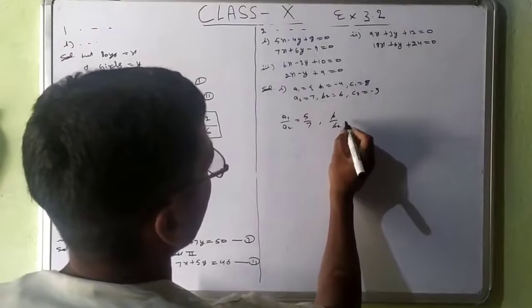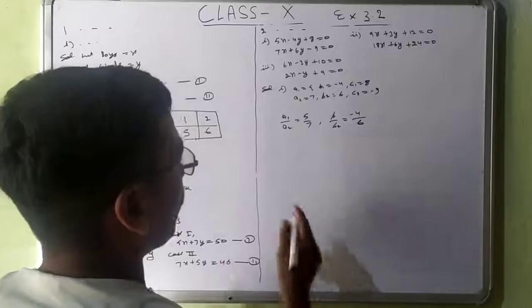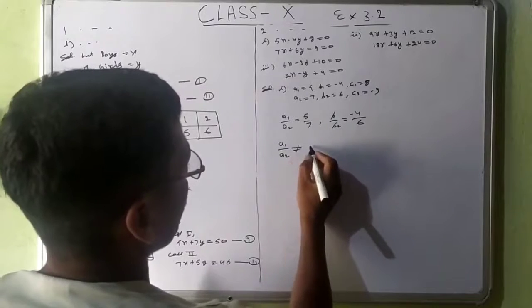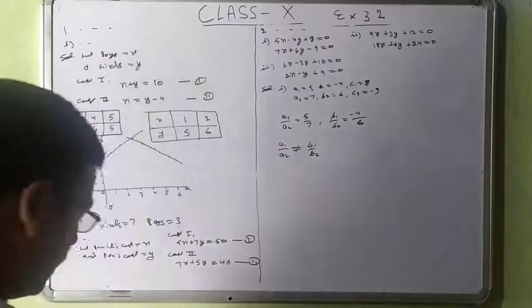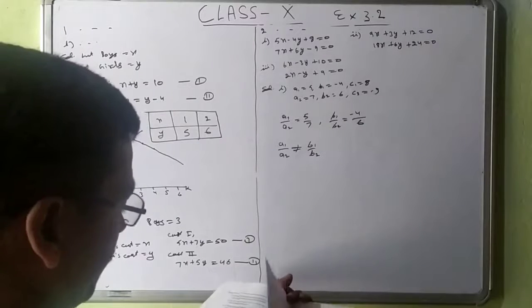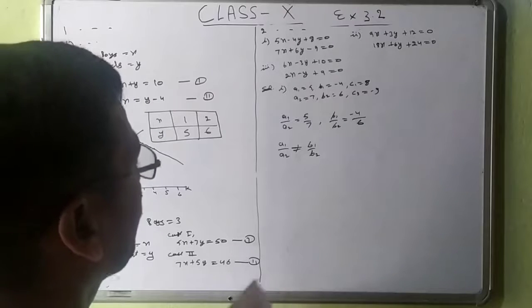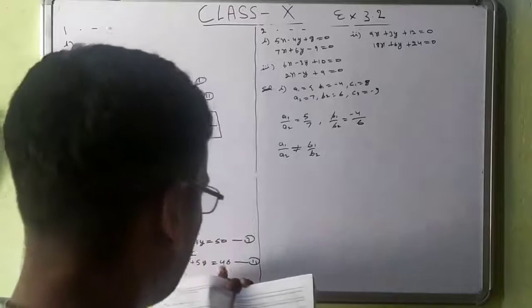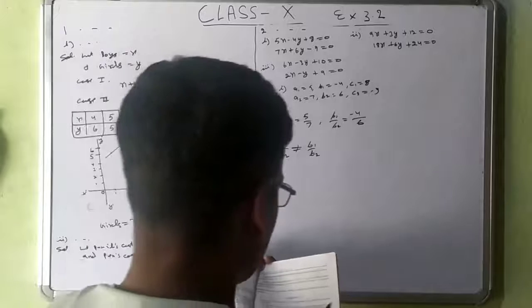B1 upon B2 is equal to -4 upon 6. Both are equal? No. So A1 upon A2 is not equal to B1 upon B2. You can see in the table, that is intersecting lines. If A1 upon A2 is not equal to B1 upon B2, in that case that is intersecting lines, or we can write they intersect at a point.